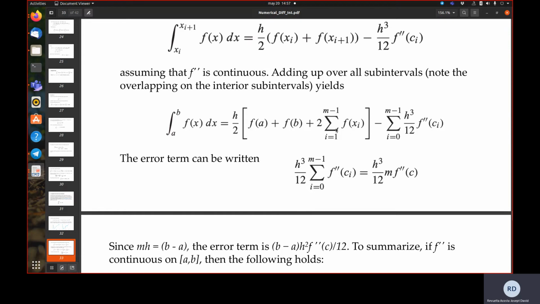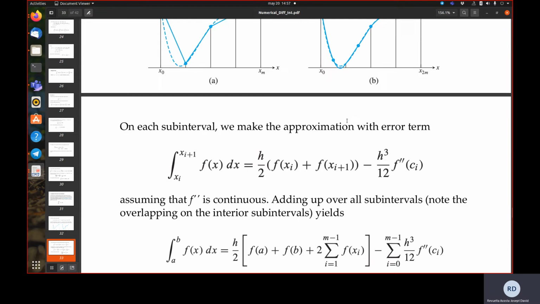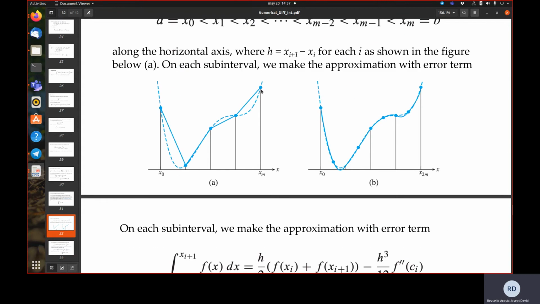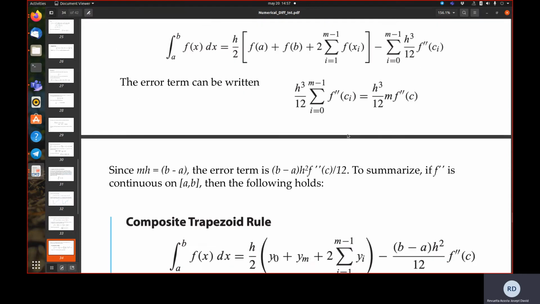And then we also have to characterize the error term, which is also a summation over these points. This error is not needed at the limit points, because those are essentially okay. But we have to consider the error for the inner subintervals.